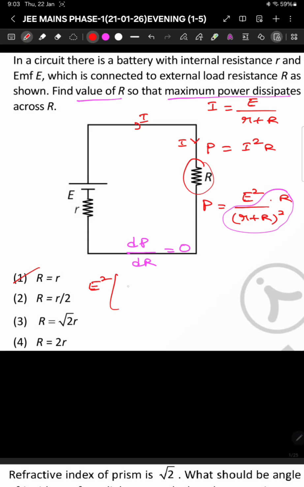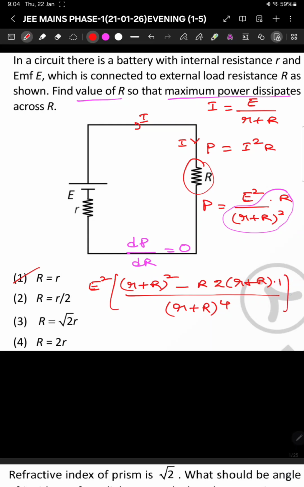U by V formula: V into U derivative, R derivative 1, minus U into V derivative, 2 into (r plus R), internal derivative 1, by denominator (r plus R) whole power 4, equal to 0.